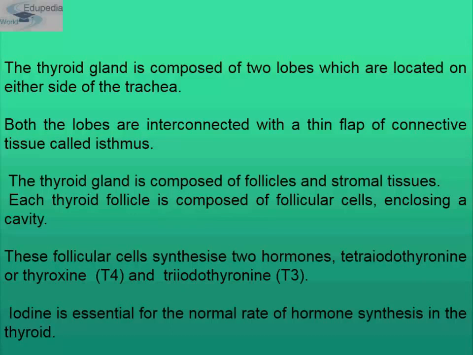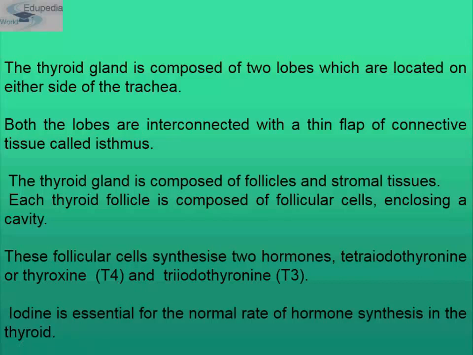Each thyroid follicle is composed of follicular cells enclosing a cavity, but we won't be going into detail of it as of now. And these follicular cells synthesize two hormones, tetraiodothyronine, which we call T4, and triiodothyronine, which we call T3. Don't get confused between tetraiodothyronine and thyroxine. They both are the same, and its other name is T4.